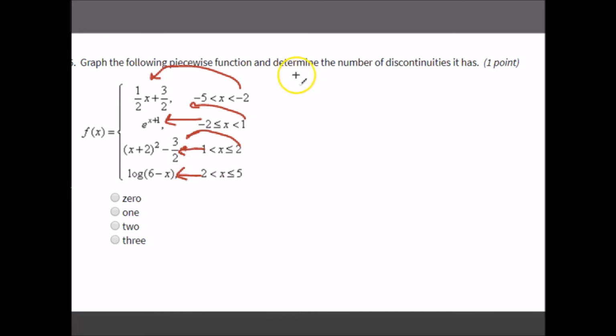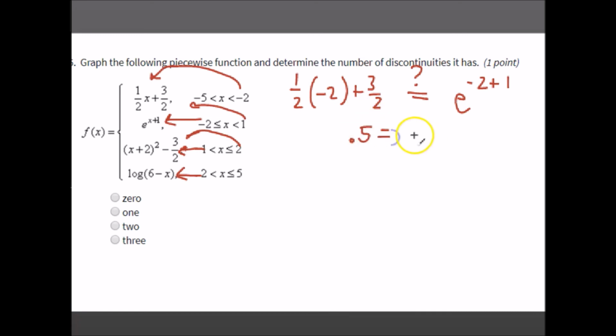So -2 is going in there. I'm doing 1/2 times -2 plus 3/2. I'm trying to see if that's going to equal e to the -2 plus 1. So if I multiply 1/2 by -2, I get -1. -1 plus 1/2 gets me -0.5.